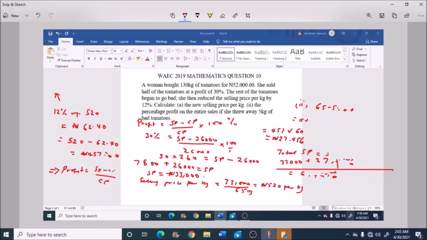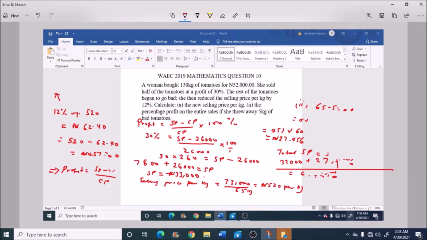So here we have 61,256 minus 52,000 divided by 52,000 times 100. So the final answer is going to be 17.8%.